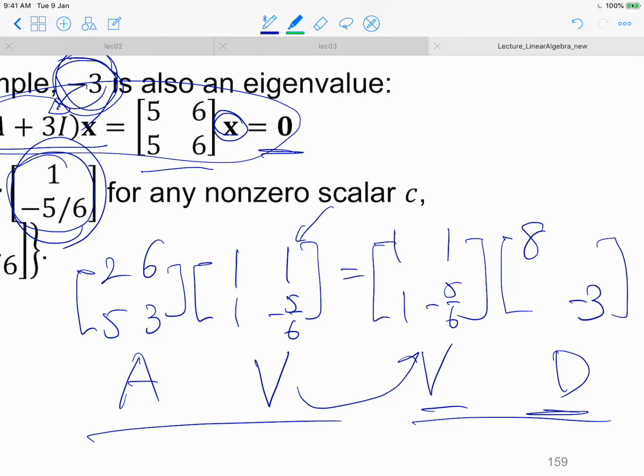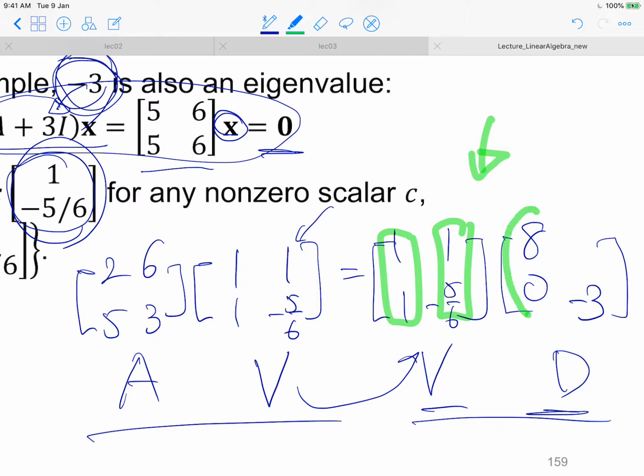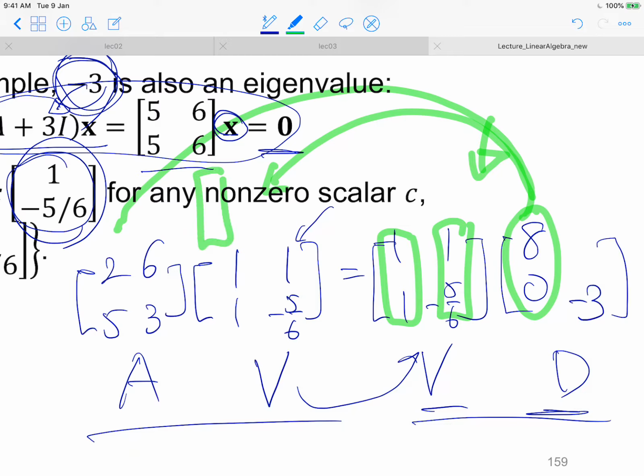Okay, so again, we apply this column combination perspective in order to understand this. Let's first look at the right hand side, where we have these two columns, right? This will work as the first set of linear combination coefficients to produce the first column on the left hand side.